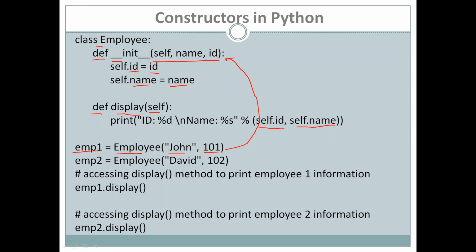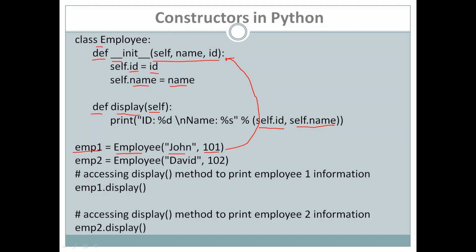As you can see in the init function, it is taking 3 arguments, but we are passing 2 arguments. As I have said, whenever we call, the first argument is always the object name. So by default the first argument is considered as emp1. So even though we are not passing emp1 as argument, it is considered that emp1 is passed as the first argument.